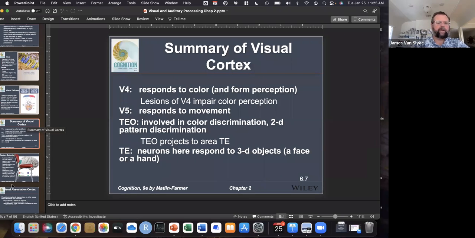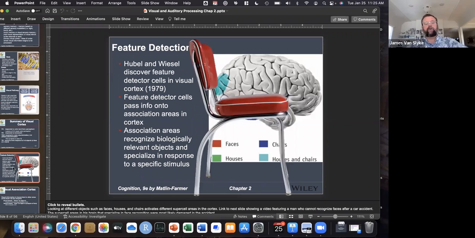And how we know this is because of the work of Hubel and Wiesel. What they did back in 1979 was discover certain kinds of feature detector cells within the visual cortex of a cat.